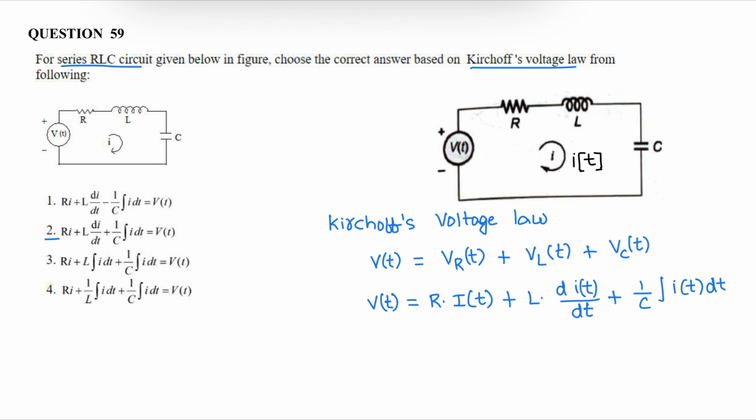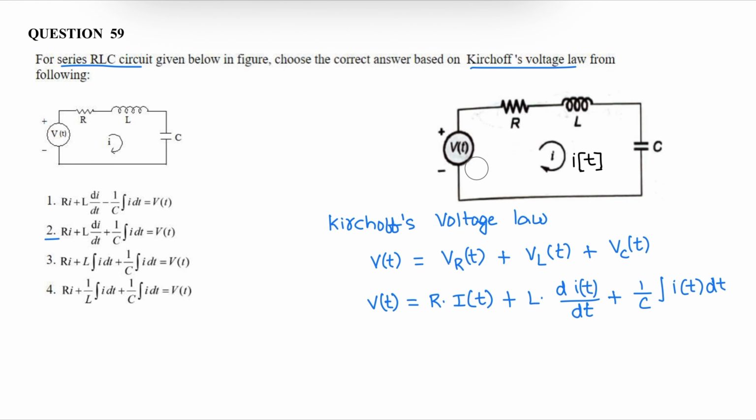So from this, KVL: supply voltage V of t is equal to the voltage drop across all the components in the circuit. That is, voltage drop across resistor VR of t, voltage drop across inductor VL of t, and voltage drop across capacitor VC of t.